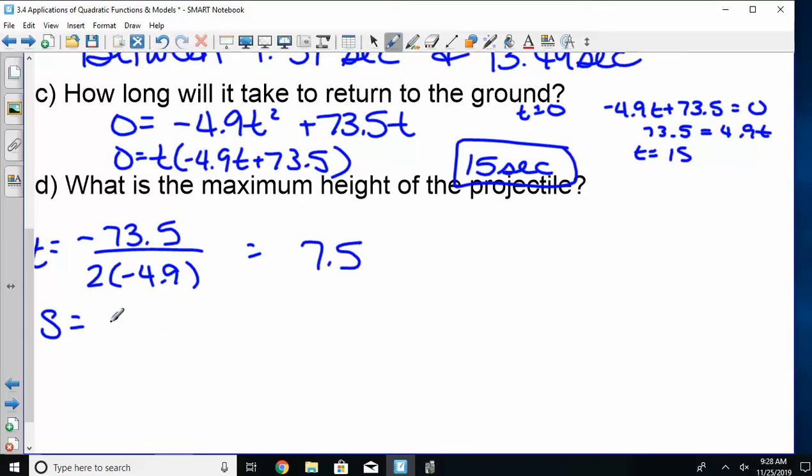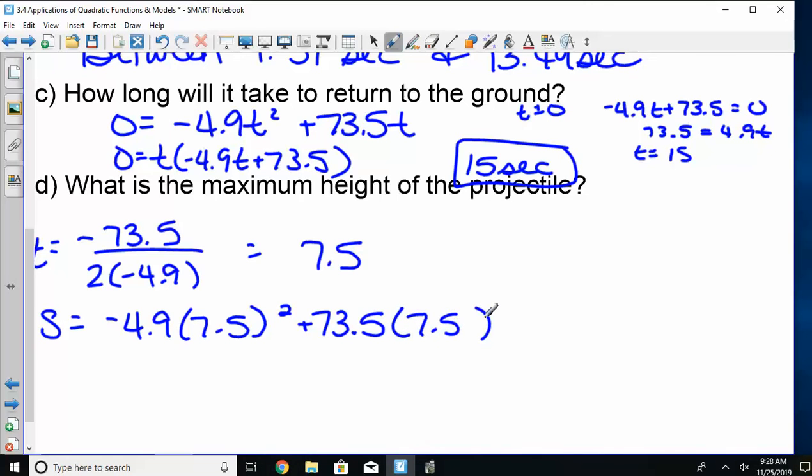To find the height, you plug that in. I'll get a maximum height of 275.625. We were in meters this problem. Okay, so lots of these are just asking maximum and min. That's always your vertex after the over 2A.